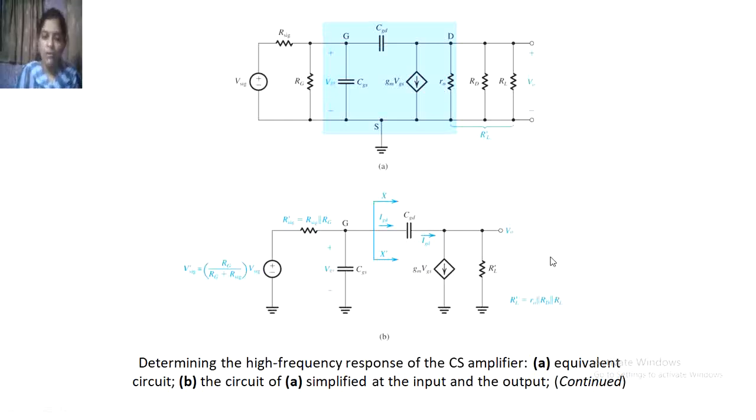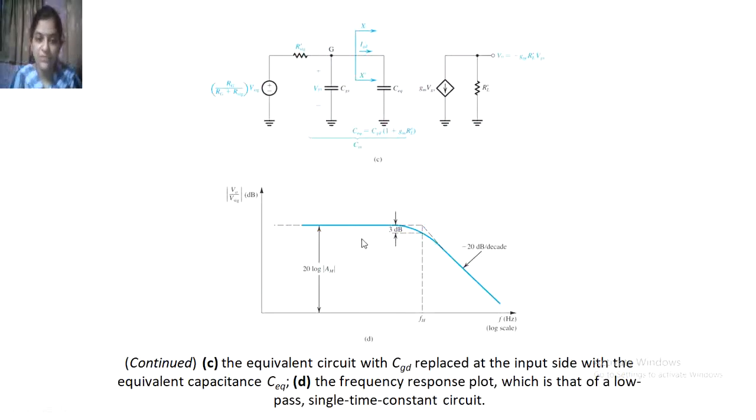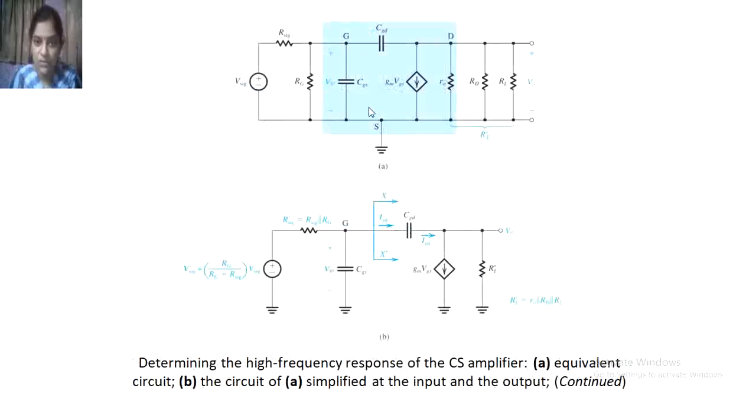Here C shows the equivalent circuit with CGD, that is the capacitor between the gate and drain, replaced at the input side with the equivalent capacitor C equivalent.